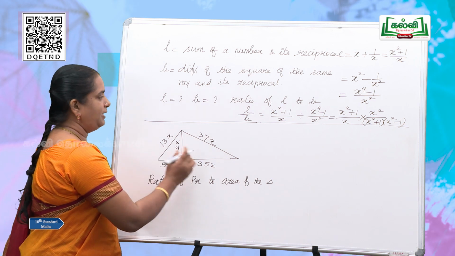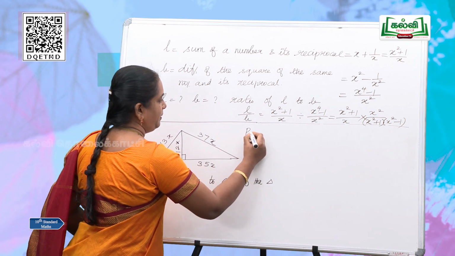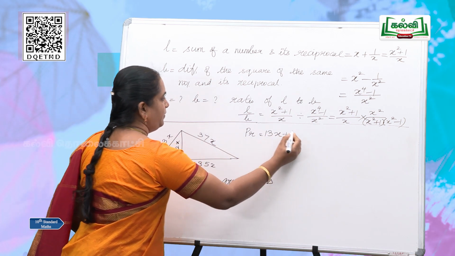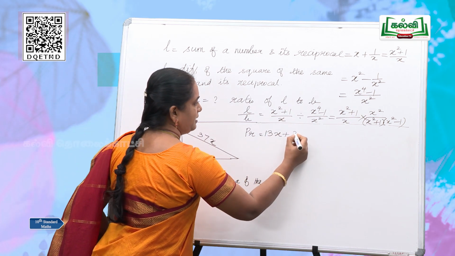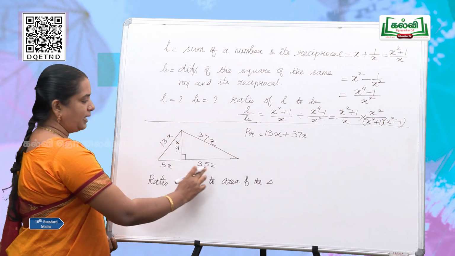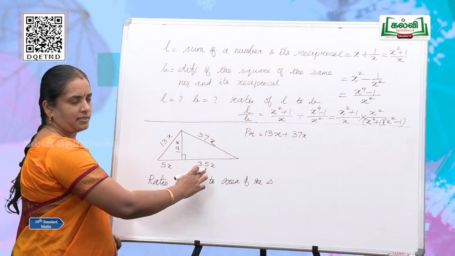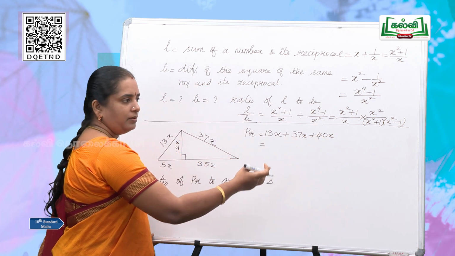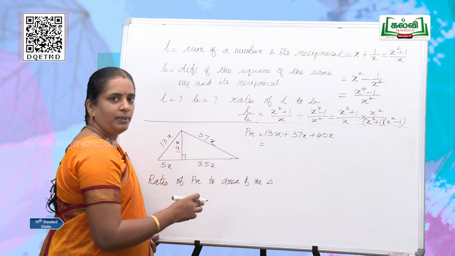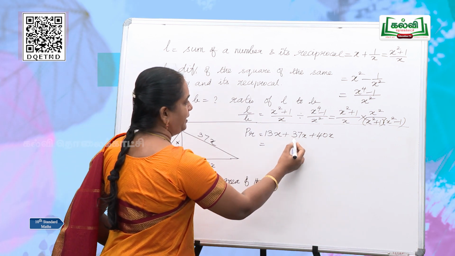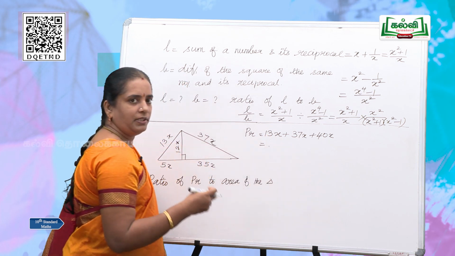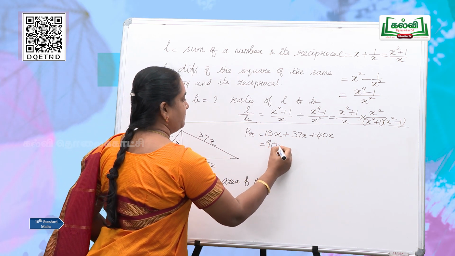Here the first side is 13x, so perimeter is 13x plus 37x, the second side is 37x, and the third side is 40x. Add here, you will be getting 90x. So, the perimeter of the triangle is 90x.